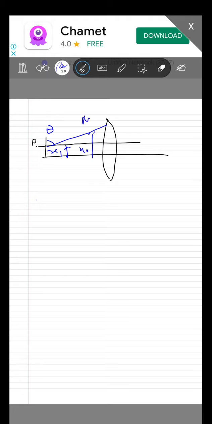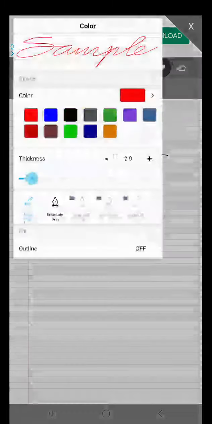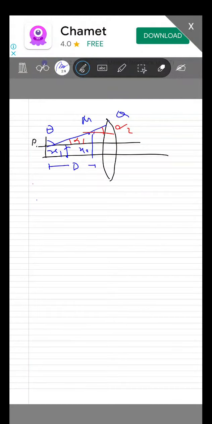Let's call this point M and this one Q. The distance between P and Q, let it be d. Let this angle be alpha 1 and this angle be alpha 2. So the coordinates x1, alpha 1 represent the coordinates of the ray at P.